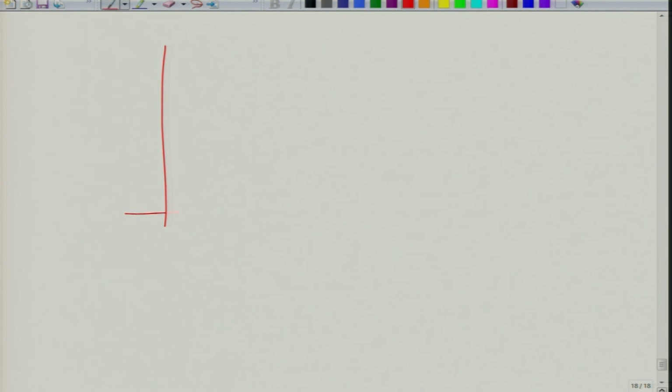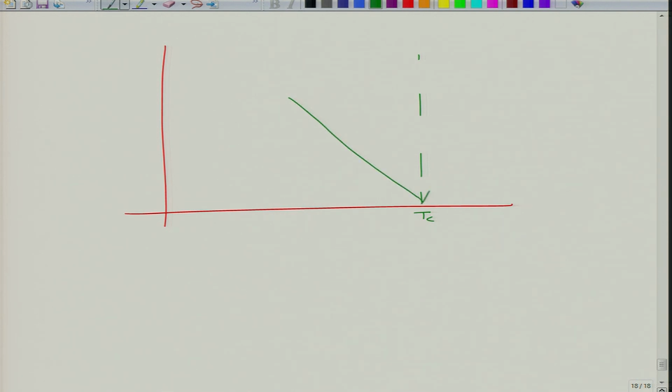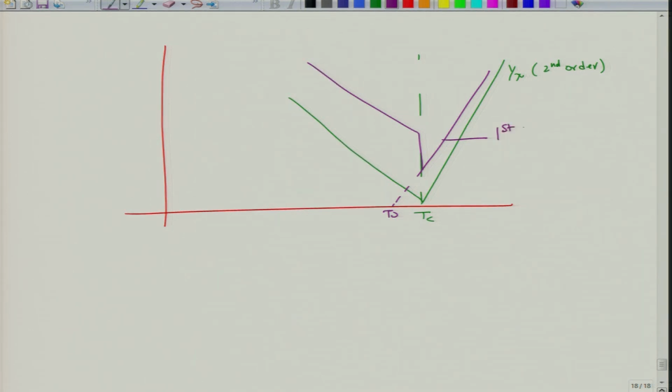In the second order transition, at Tc, the susceptibility goes like this. This is 1 over chi for second order, but for first order what we have is something like this. This is first order. So, in some sense a second order transition is more gentle, it happens gradually, whereas the first order transition is abrupt, sudden.